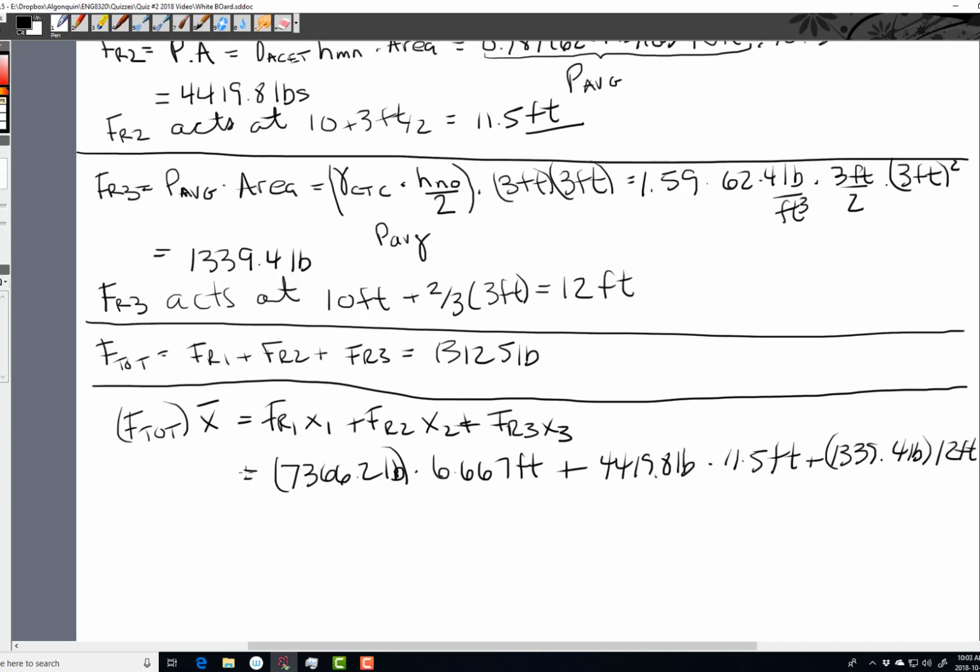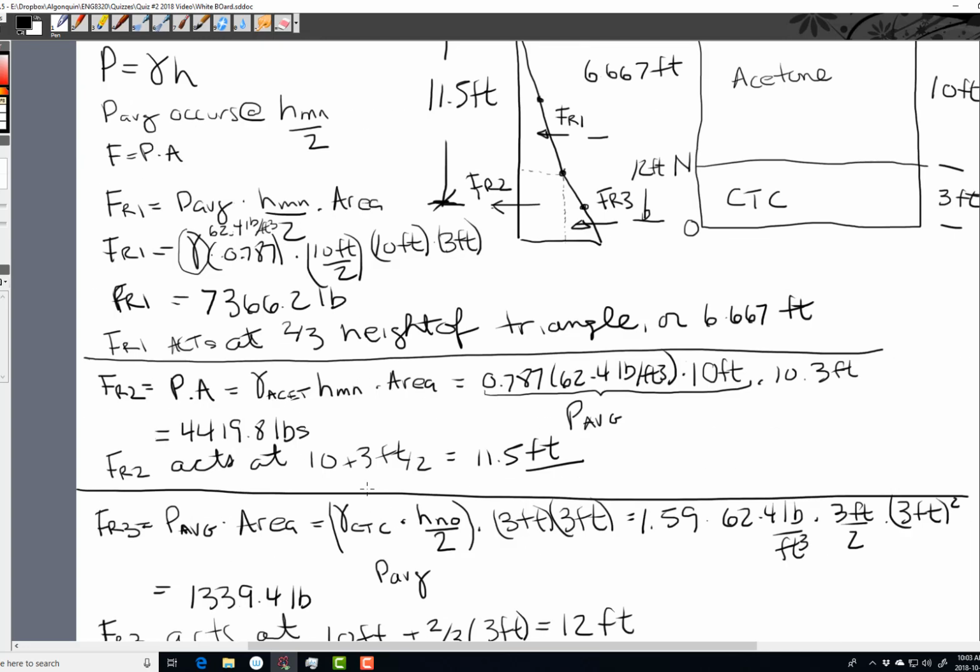I'm going to leave the math to you, F total times x bar. So you multiply and sum these terms together, divide by your total F, and you will get a value equal to 8.84 feet.